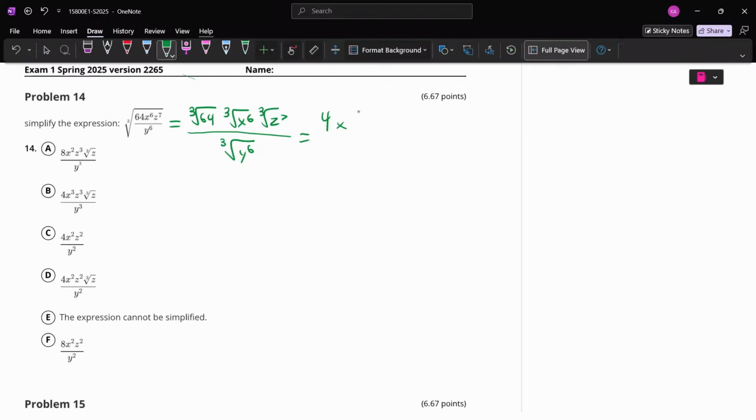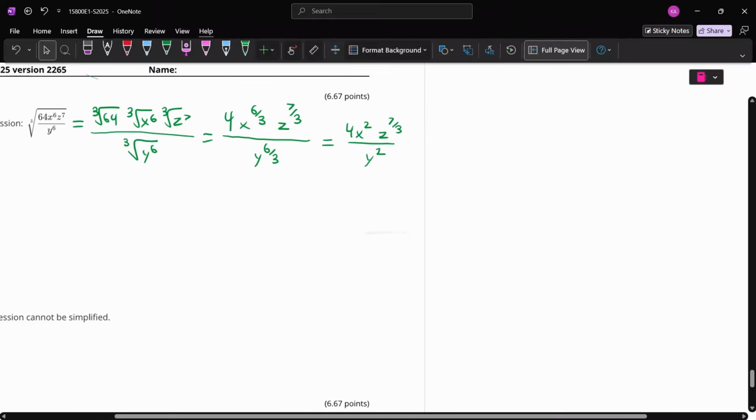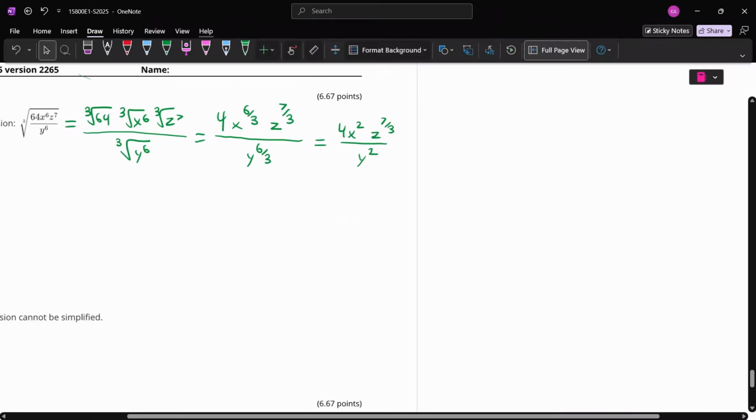So you'd end up with x to the 6 over 3, and then z to the 7 over 3, and then y to the 6 over 3. And so then you'd end up with 4 times x squared times z to the 7/3 over y squared.